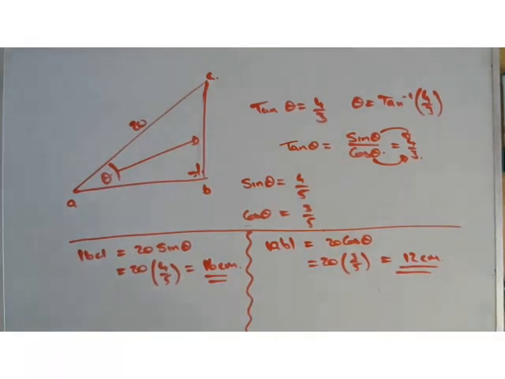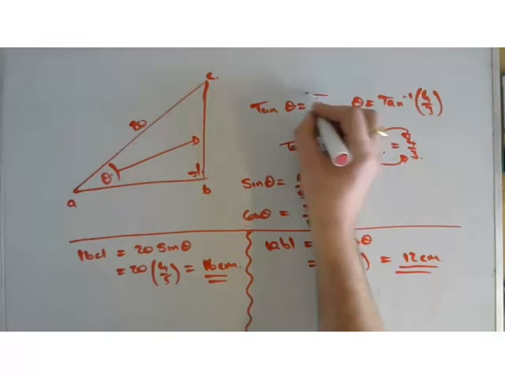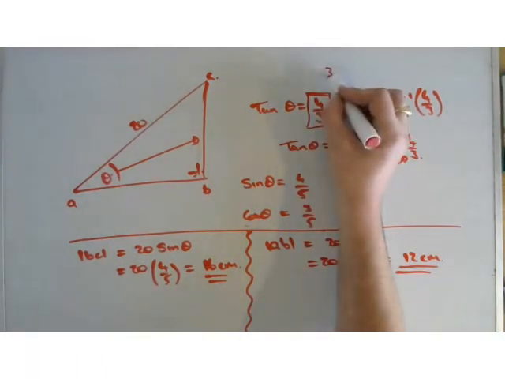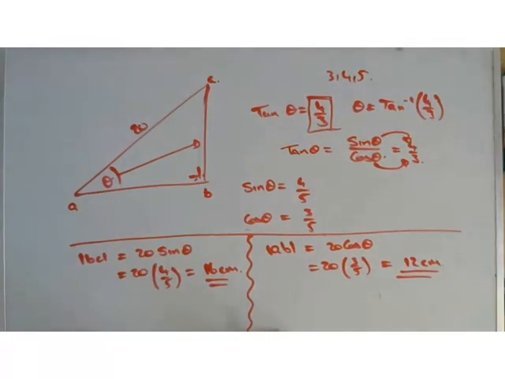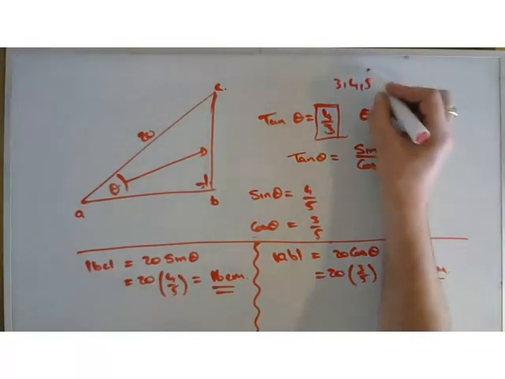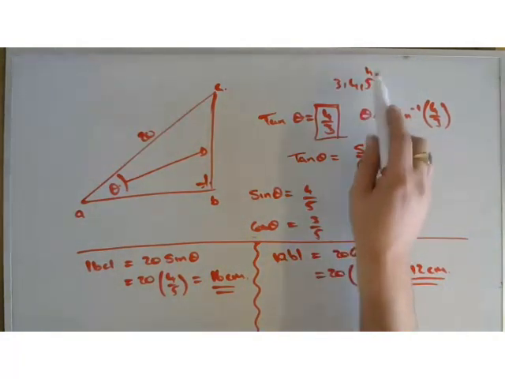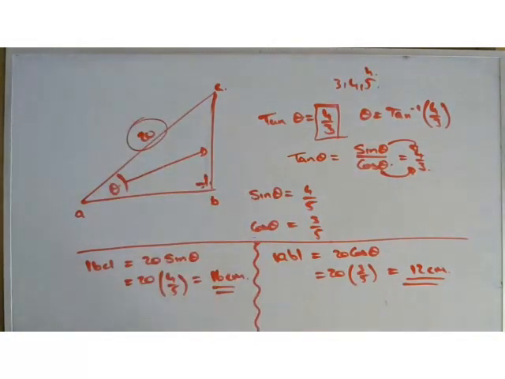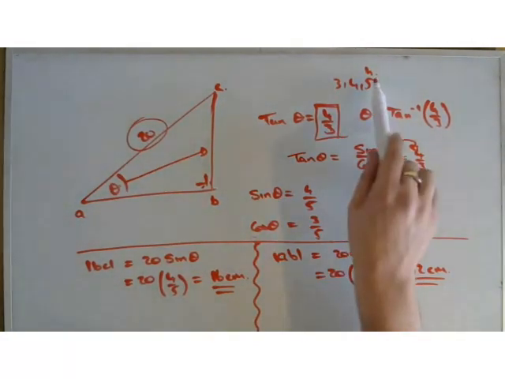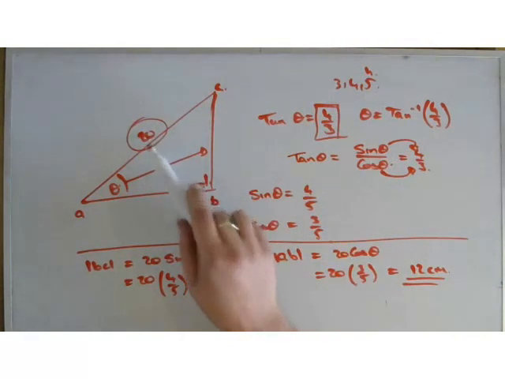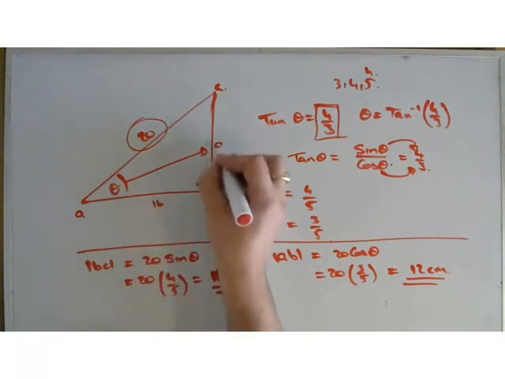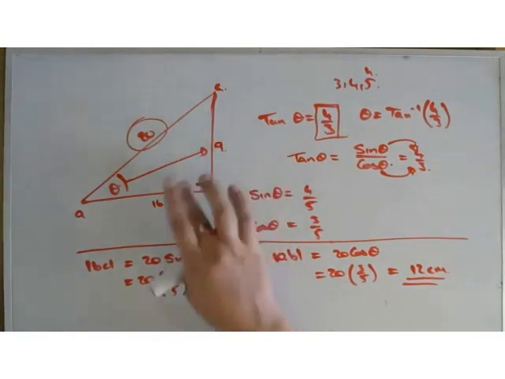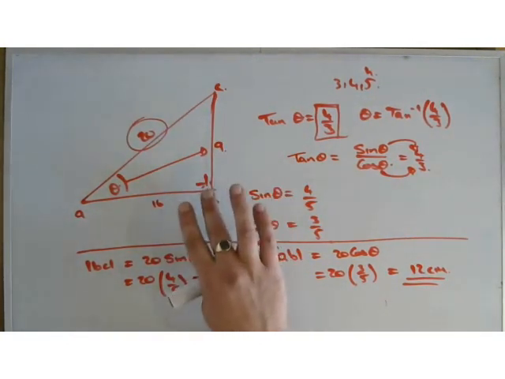Well, if you know that's a 3, 4, 5, and this is always the hypotenuse, the longest side, well, you can scale these up. Is that what you're asking me? Like this is a 3, 4, 5. So if that's multiplied by 4, this must be 16 and this must be 9, or the other way around. Is that what you're asking me, Kevin?